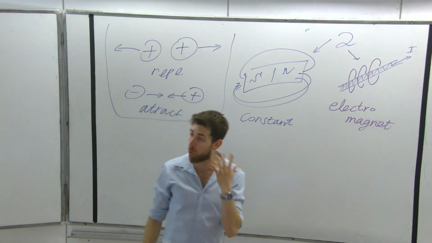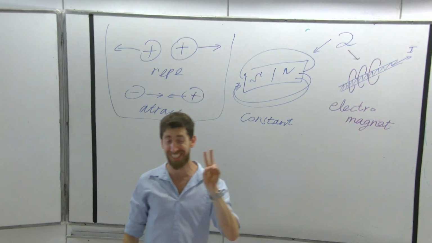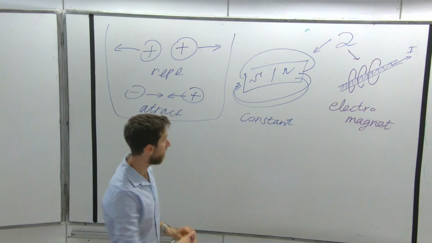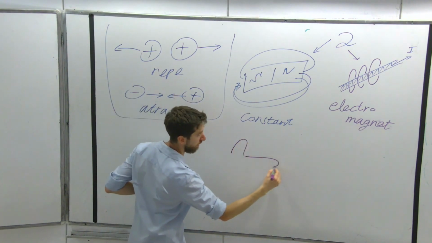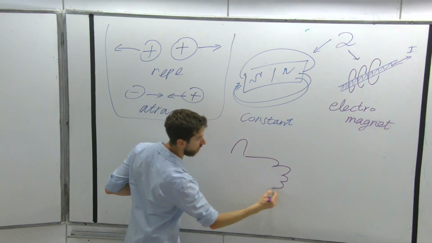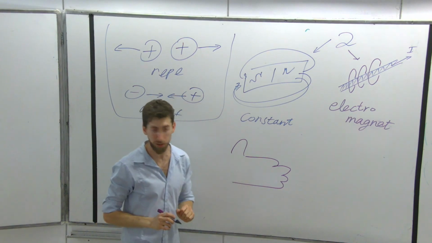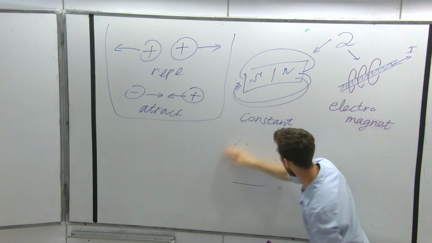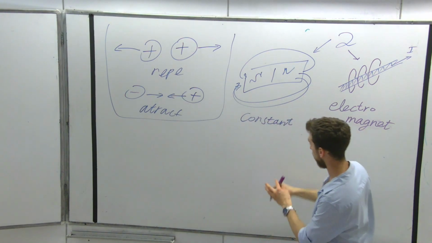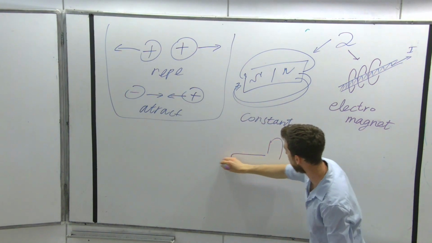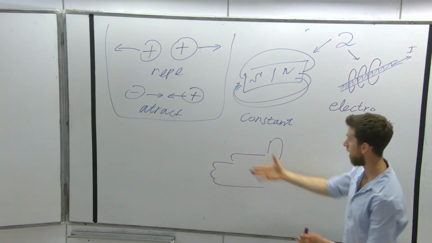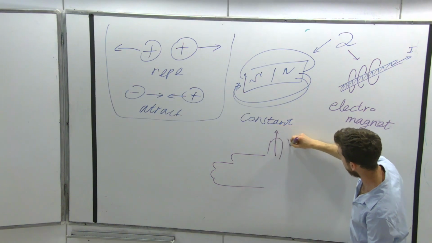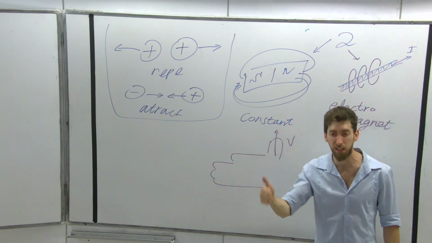The first one we already learned, which was the second right-hand rule. You saw it in the previous video. I'm just going to remind you. If I have my hand, this is my hand. So V is going to point like here, like V, good for you.